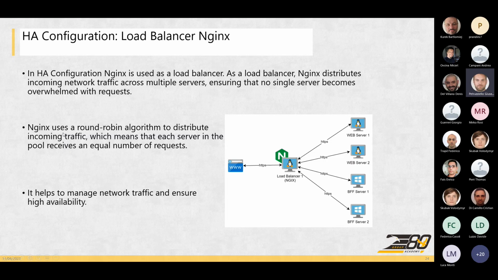For this purpose, Nginx uses the round-robin algorithm to distribute incoming traffic. This simply means that each server in the pool, in our case web server 1, web server 2, BFF1, BFF2, receives an equal number of requests.